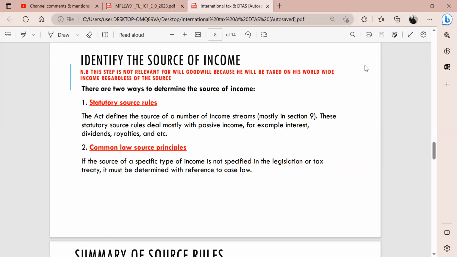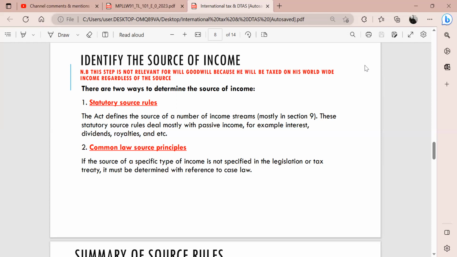Now, there are 2 ways to determine the source of income. Number 1, through statutory source rules contained in Section 9 of the Income Tax Act. The Act defines the source of a number of income streams, mostly in Section 9.